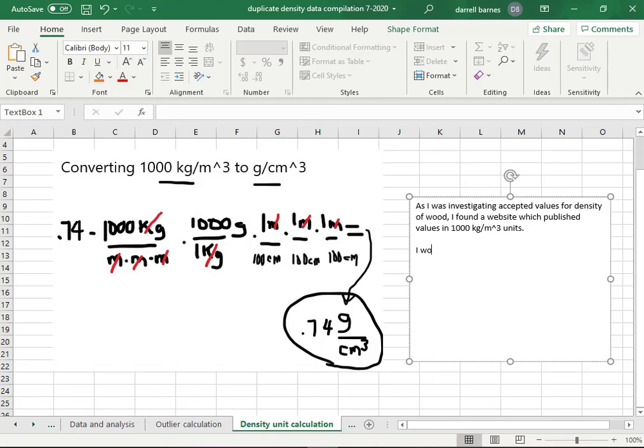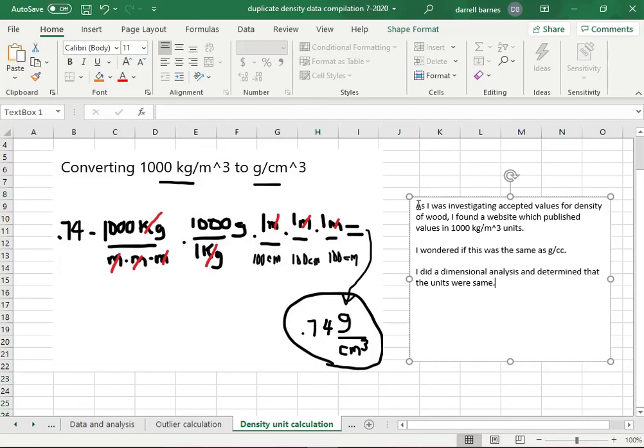I wondered if this was the same as grams per cc. I did a dimensional analysis and determined that the units were the same.